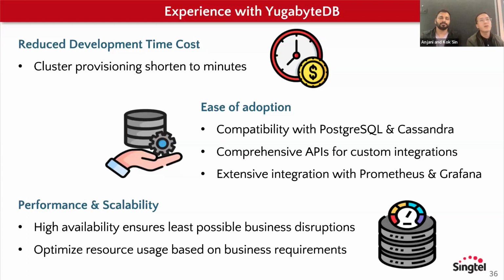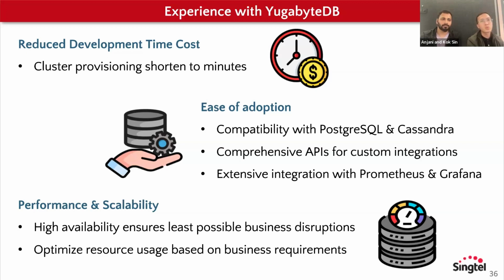And finally, to share on the experience of onboarding with YugabyteDB, first of all, we notice the biggest advantage is that it heavily reduced the development time cost, especially in cluster provisioning, which shortened the overall time cost to just minutes. And also, we like that YugabyteDB provides ease of adoption because it's compatible with Postgres and Cassandra, which most developers are already familiar with.